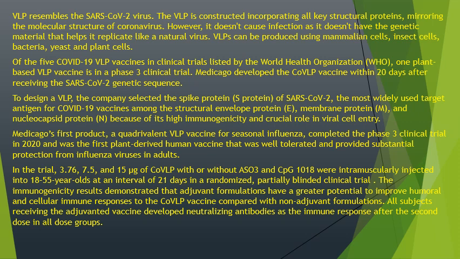In the trial, we found that 3.75, 7.5 and 15 micrograms of COVID virus-like protein, with or without AS03 or CpG 1018 adjuvants, were injected intramuscularly in 18 to 55 year olds at an interval of 20 days in a randomized and partially blinded clinical trial.